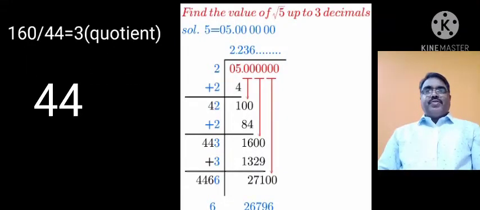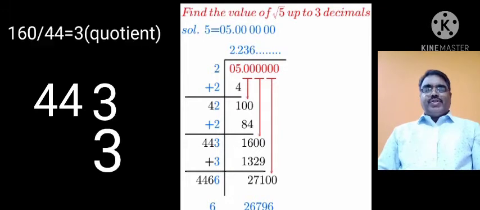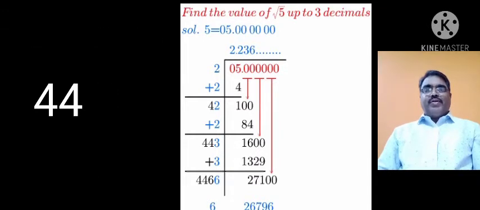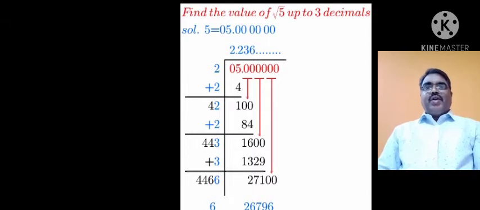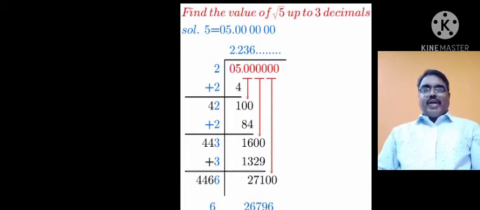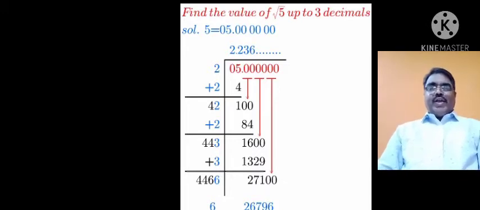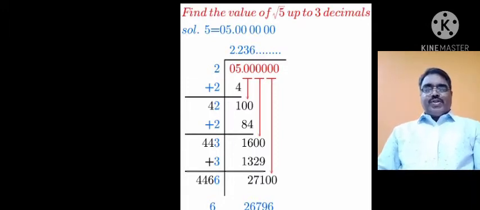That means 443 into 3, which gives 1329, which is nearly equal to 1600. Instead of 3, if you take 4, 444 into 4 would be more than 1600, that cannot be taken here. If you take 442 into 2, which is 884, far less than 1600, so that is the reason why we have taken 3. 443 into 3 is equal to 1329.